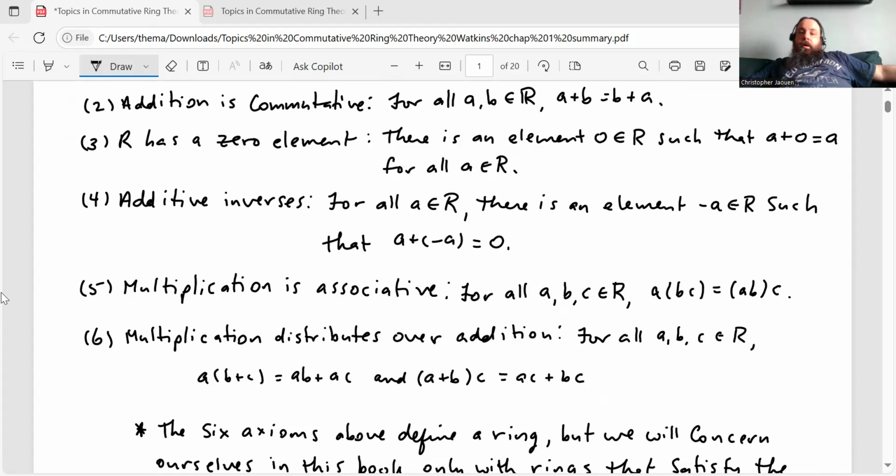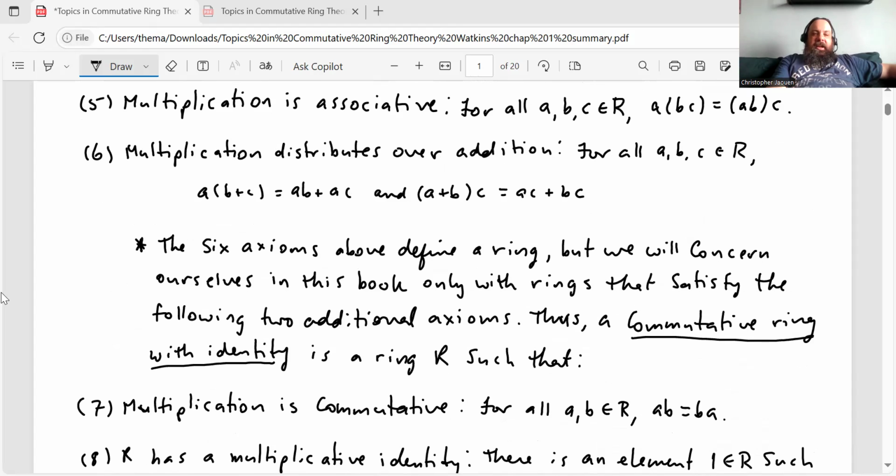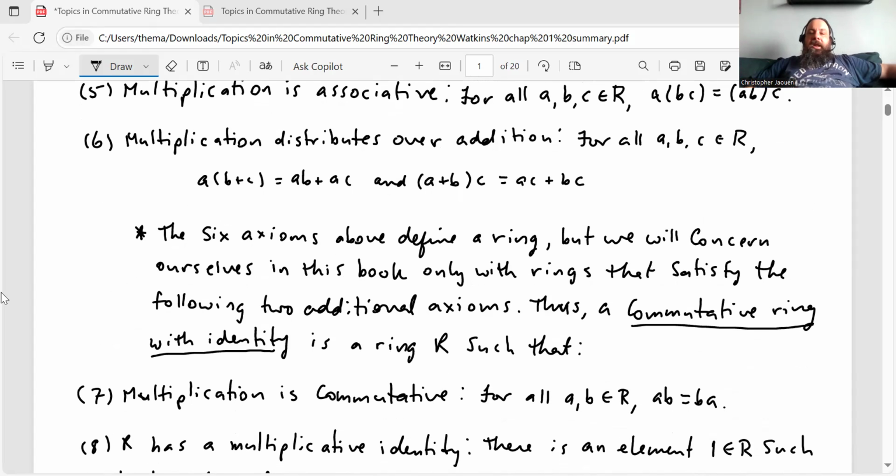But like I mentioned a minute ago, in Watkins' book we're only really going to be considering rings that are also commutative with respect to multiplication and that also contain a multiplicative identity. Such a ring is called a commutative ring with identity, creatively enough. So just a note here: the six axioms above define a ring, but we will concern ourselves in this book only with rings that satisfy the following two additional axioms.